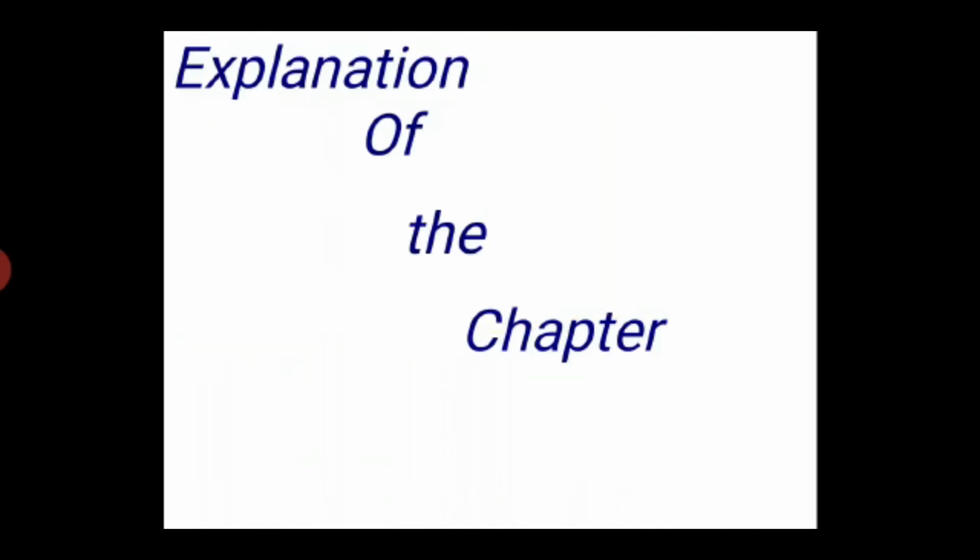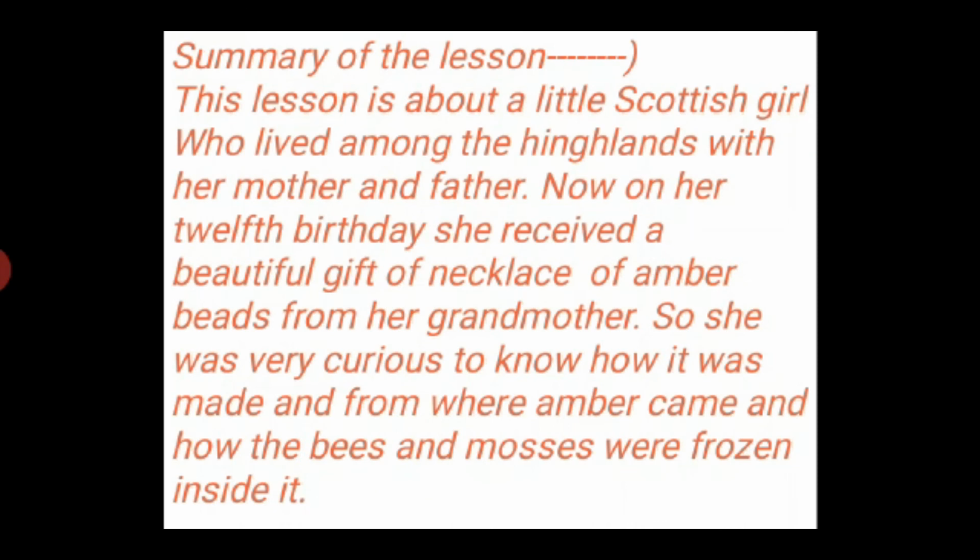Now see the explanation of this chapter. So this lesson is about a little Scottish girl who is very curious to know about her necklace of amber beads, which she had got from her grandmother.